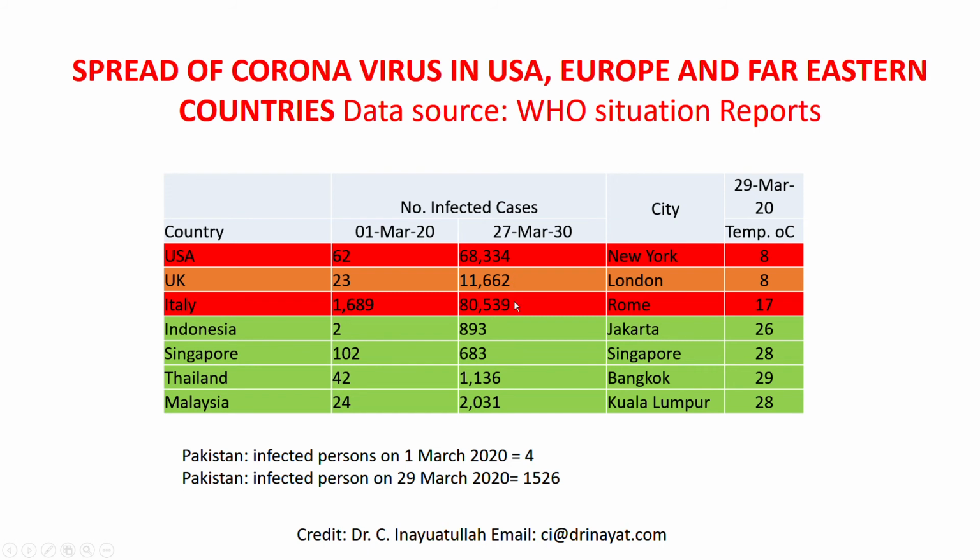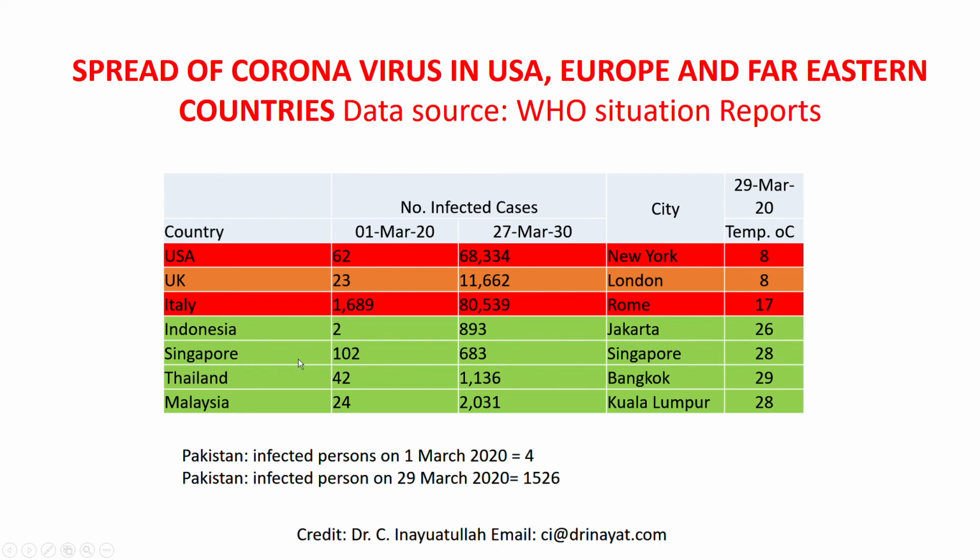Now, the comparable data for some of the countries in the tropics. In Indonesia, on 1st March, there were two patients, which jumped to 893, and in Jakarta, the temperature was 26.